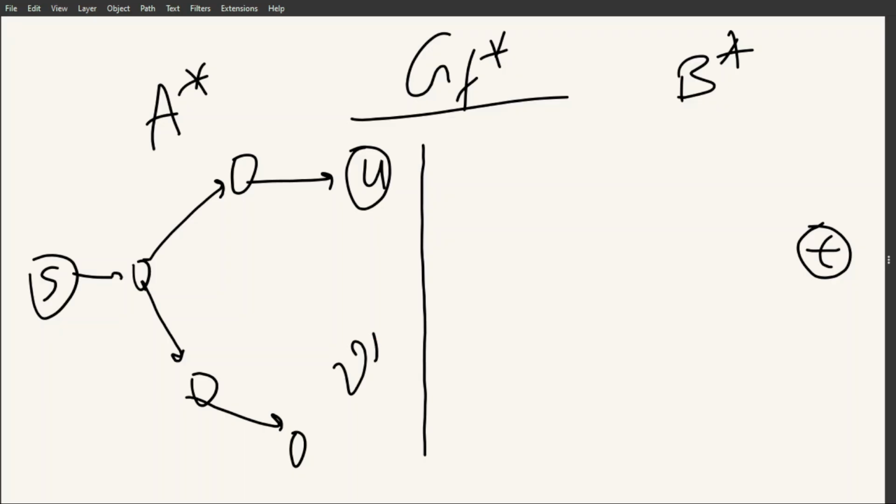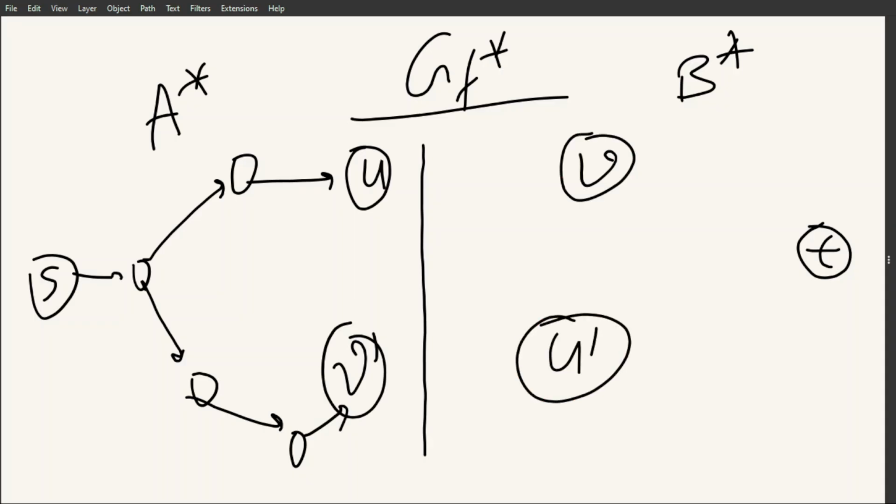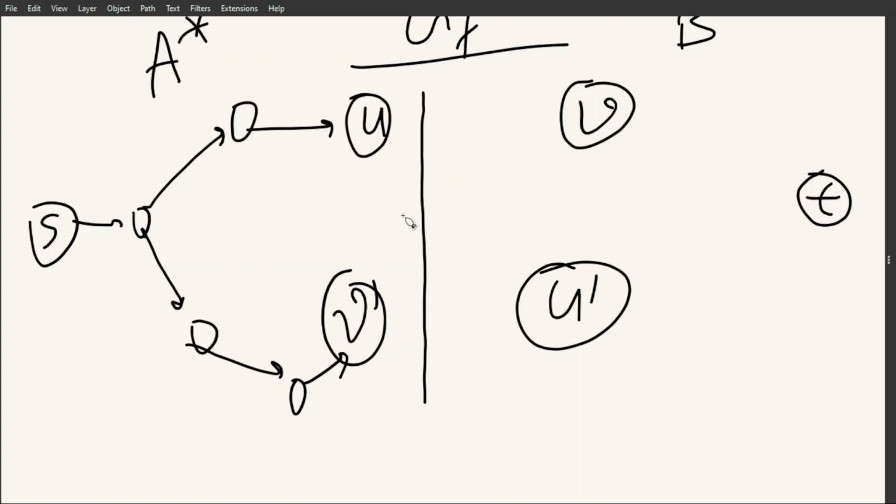Here we have U, V prime, and here we have V, and here we have U prime, crossing. So just focus on this.